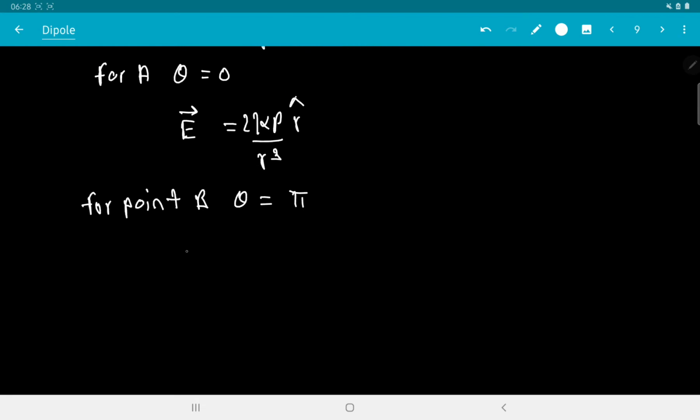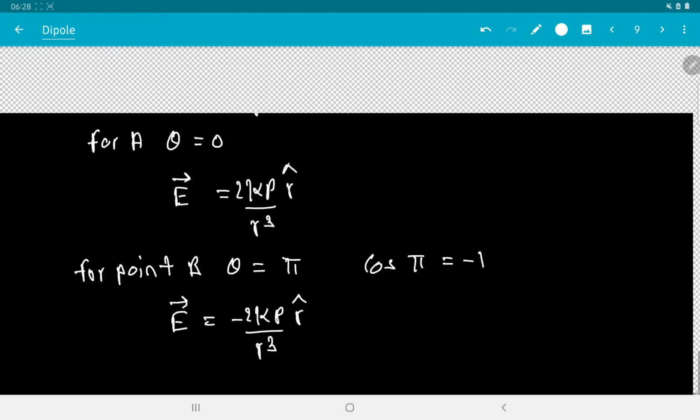So if we put this value, we will get electric field is equal to, now cos of pi, that means we are going to get minus 1, so this will be minus 2 Kp by r cube in negative r cap direction.